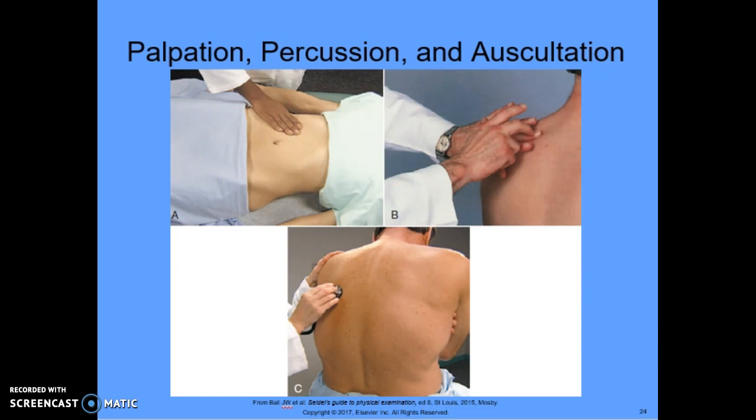Then this aids in the determination of position, size, and density of an underlying organ or cavity because they're using that sound and percussion to check that. And the last one here, auscultation, is when they are listening.